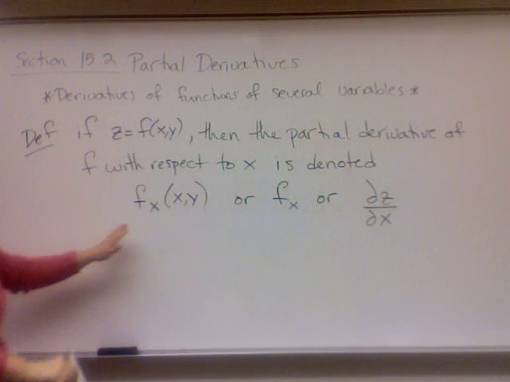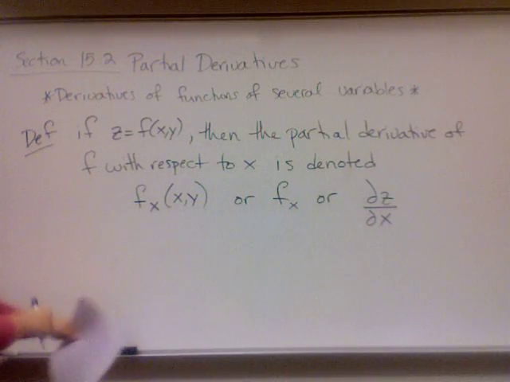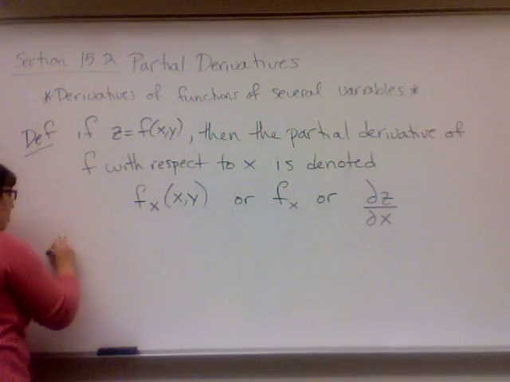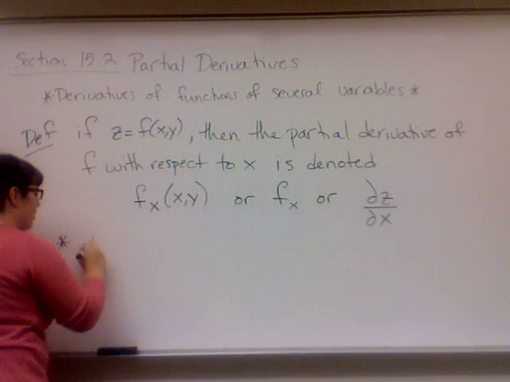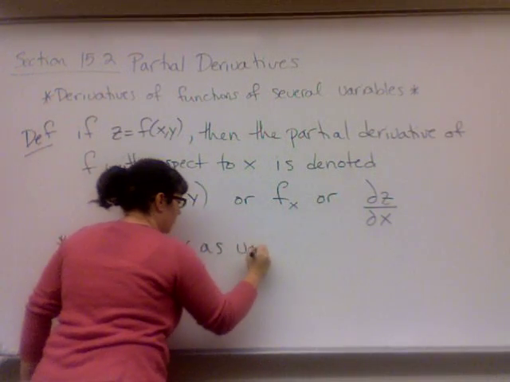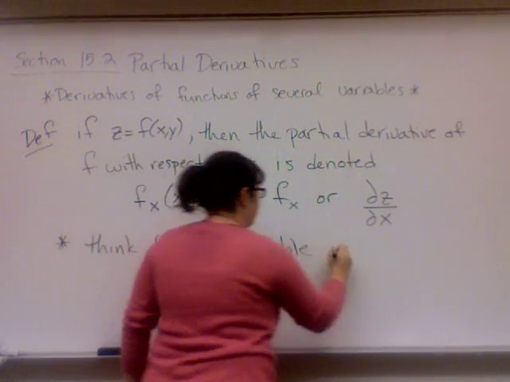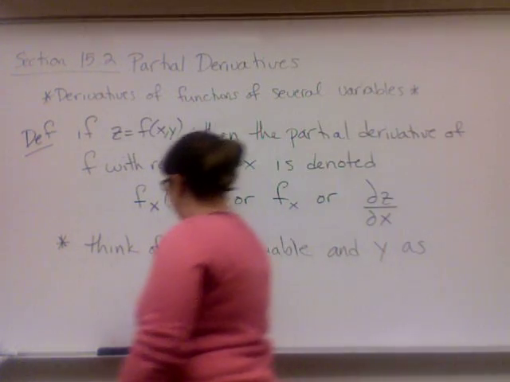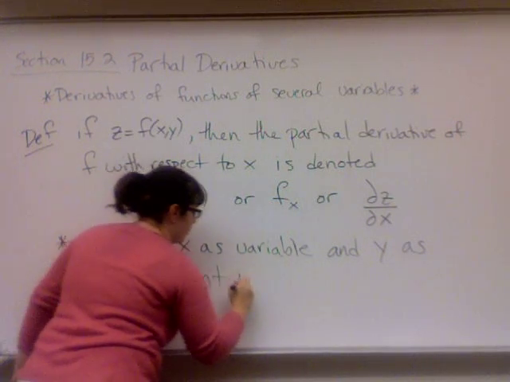All three of these are equivalent notations for saying the partial derivative of f where x is being considered the variable. And how do we find all of these? They're the same thing. All we do is think of x as the variable, and we think of y as a constant when we're differentiating.